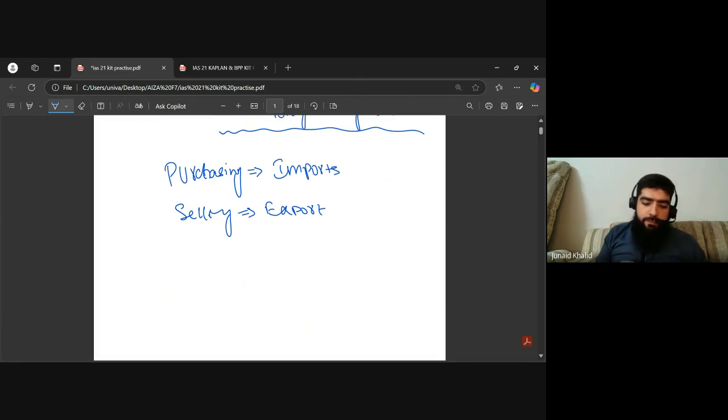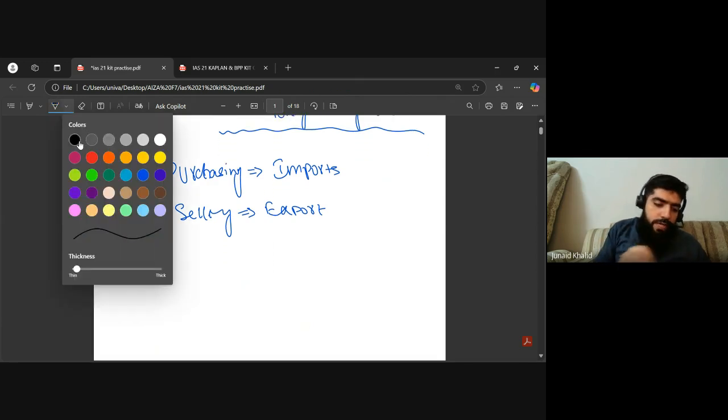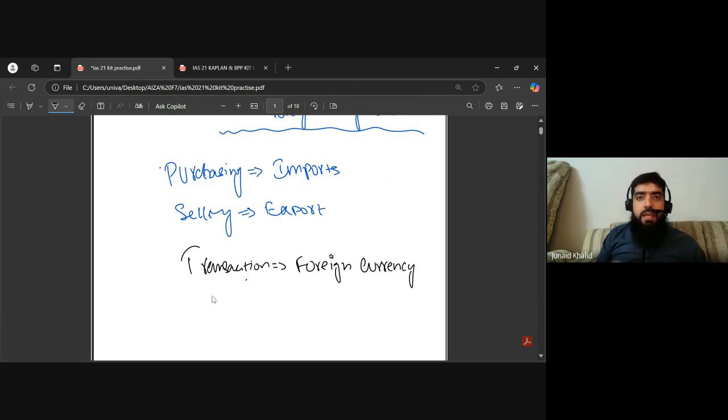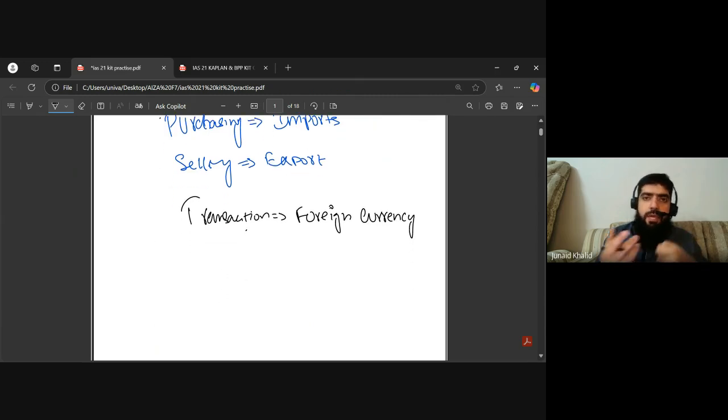The problem number one is that we are having a transaction in international currency, which we call foreign currency. I repeat, we are having a transaction in foreign currency, that is the international currency, and we are making payments and receiving amounts in the foreign currency.